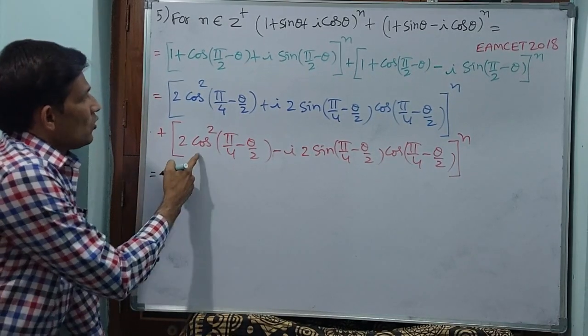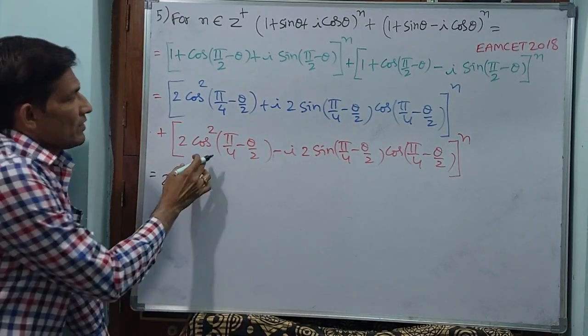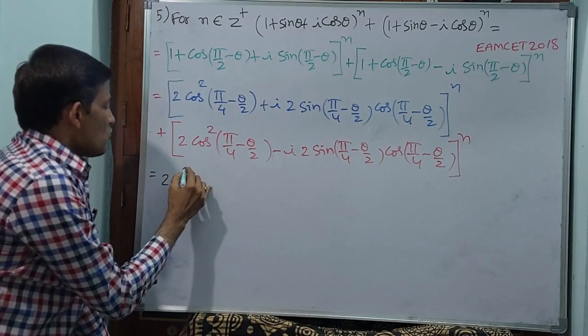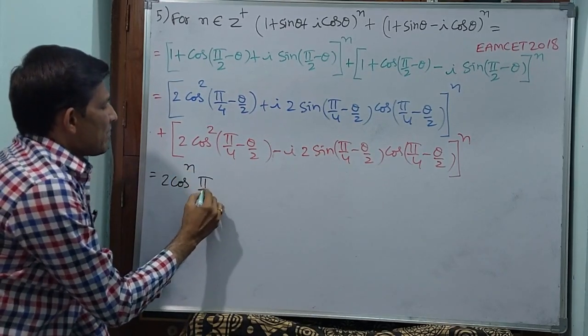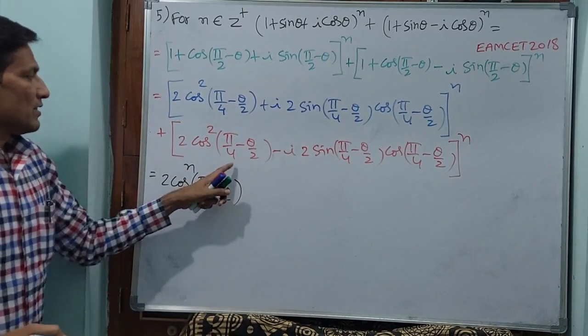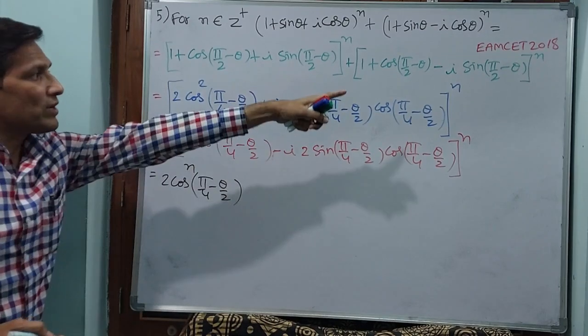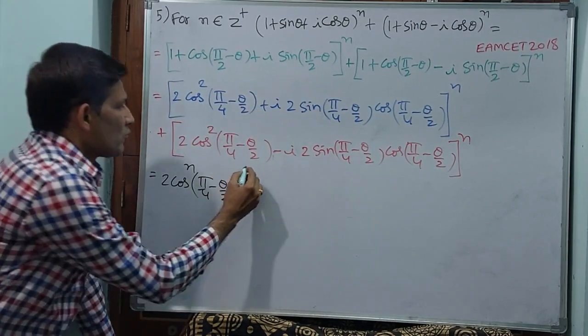That is equal to 2 cos, n is there, don't forget. 2 cos power n pi by 4 minus theta by 2. I want to take 2 cos pi by 4 minus theta by 2, but power n is there. Okay, now we proceed further.